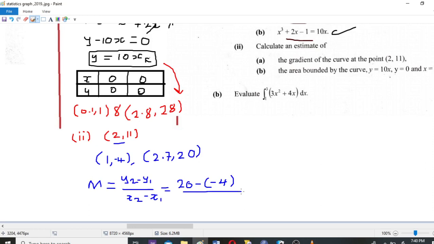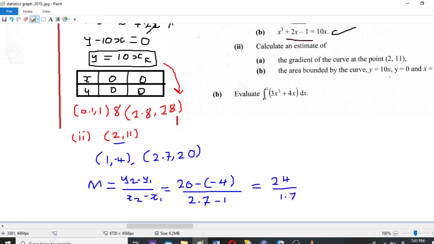And then at the bottom we have our 2.7 minus 1, right? So on top we are getting 24, because you add. Then down here you have 1.7.